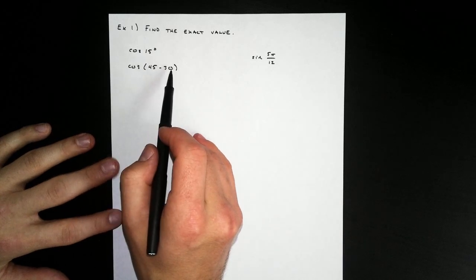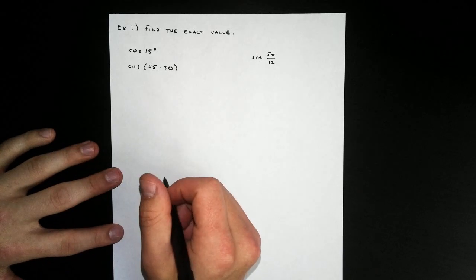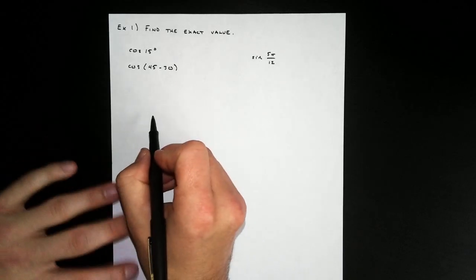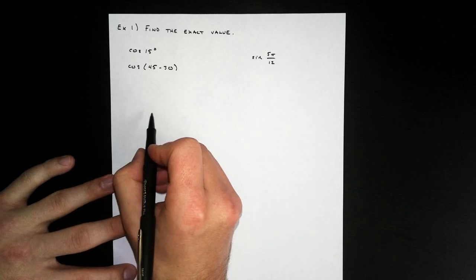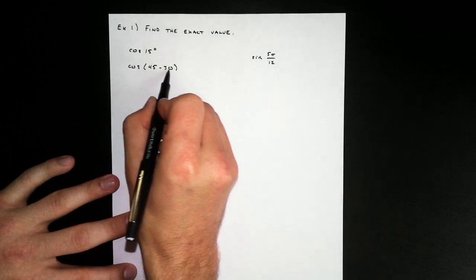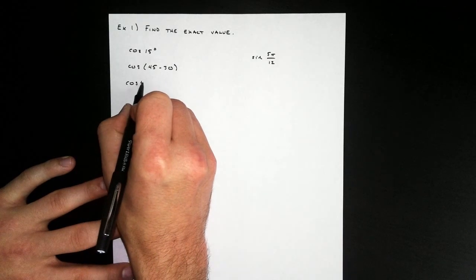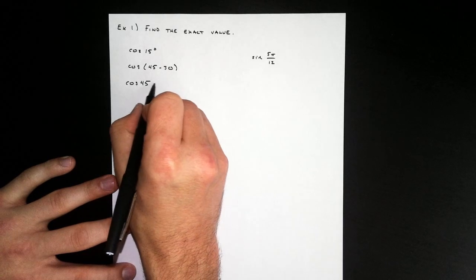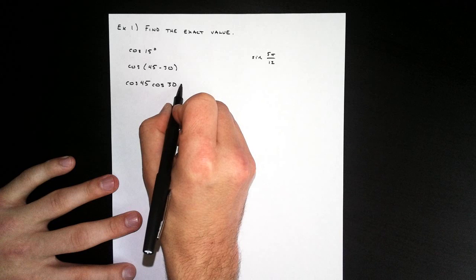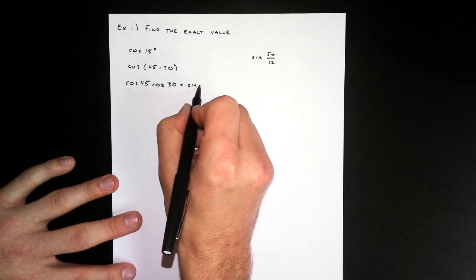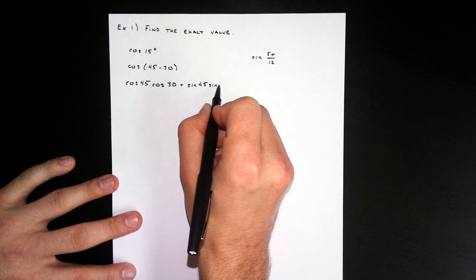Now I can use one of my identities and expand this out. Using our difference identity for cosine, this is alpha, this would be beta. So we have the cosine of alpha times the cosine of beta plus the sine of alpha and the sine of beta.